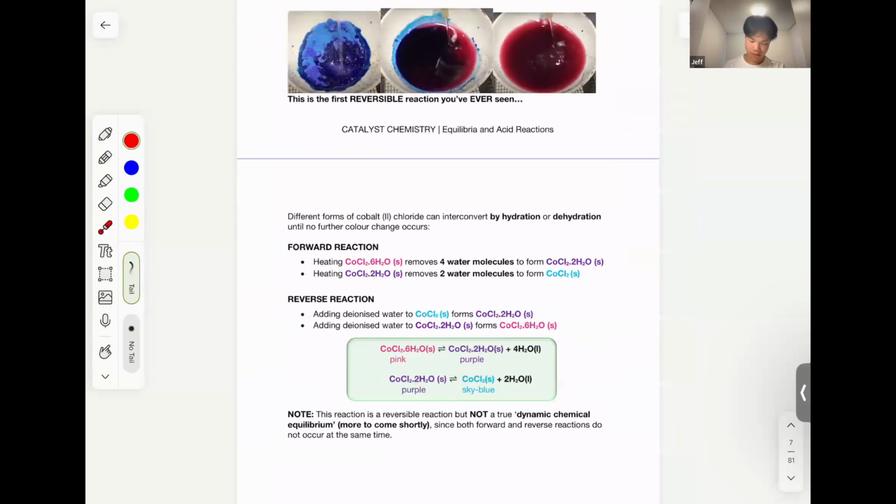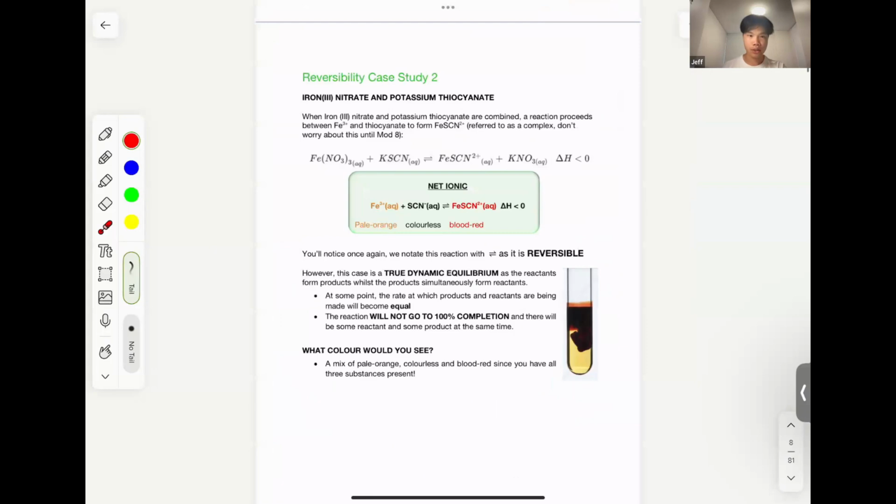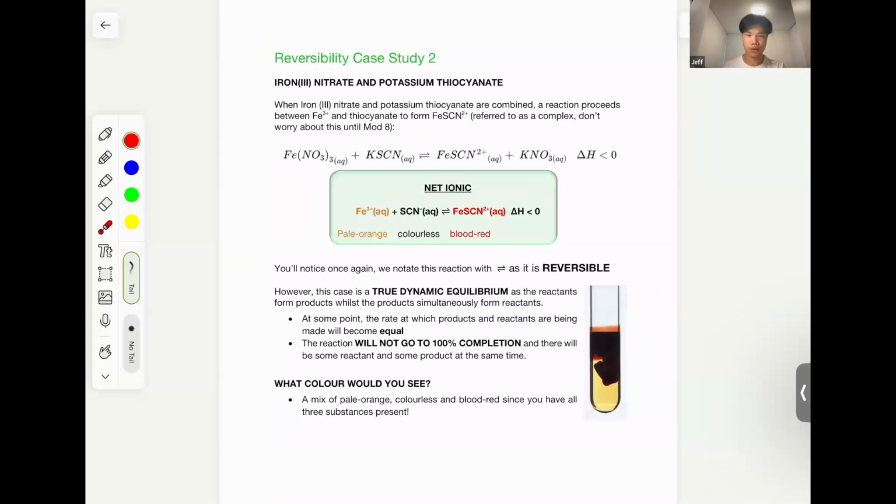The second case study is your iron thiocyanate. So if you react iron with thiocyanate, you form iron thiocyanate. And this is a reversible reaction where if you turn iron and thiocyanate into iron thiocyanate, it will turn back into the 2 ions at the same time that is happening.